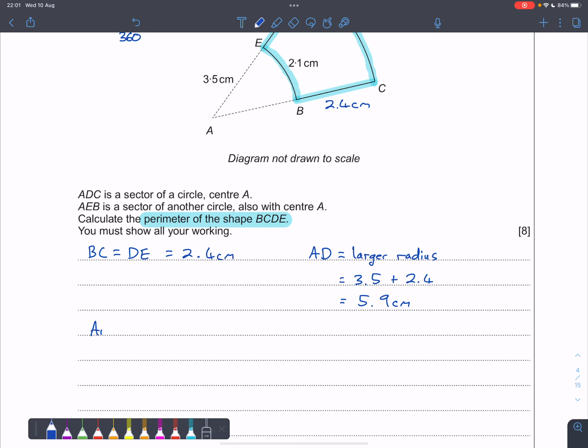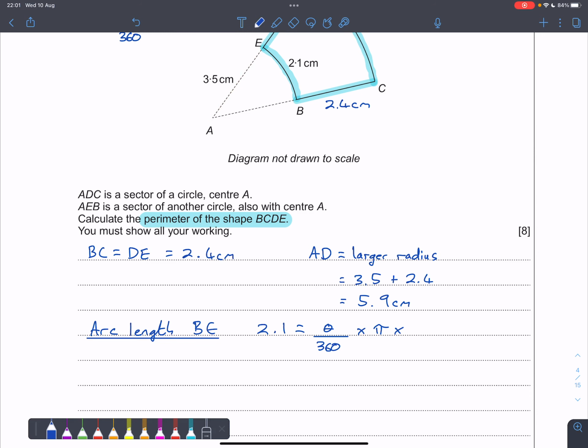So arc length BE is 2.1, and that's going to equal theta, because I don't know what the angle is, over 360 multiplied by pi times the diameter. So pi multiplied by the radius of this little one.